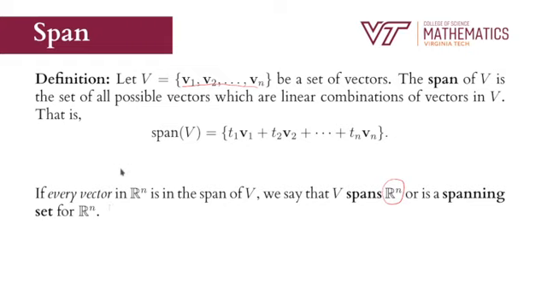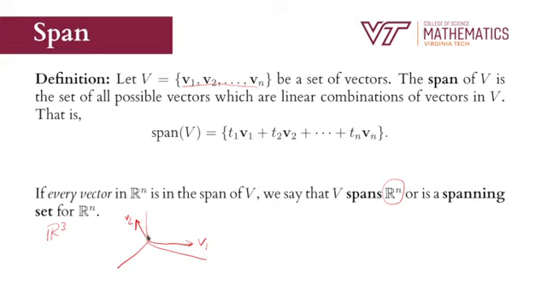So let me walk through what we're talking about here. Let's say we're in R3, and we have these two vectors. Let's say this is vector v1, and there's some other vector v2.